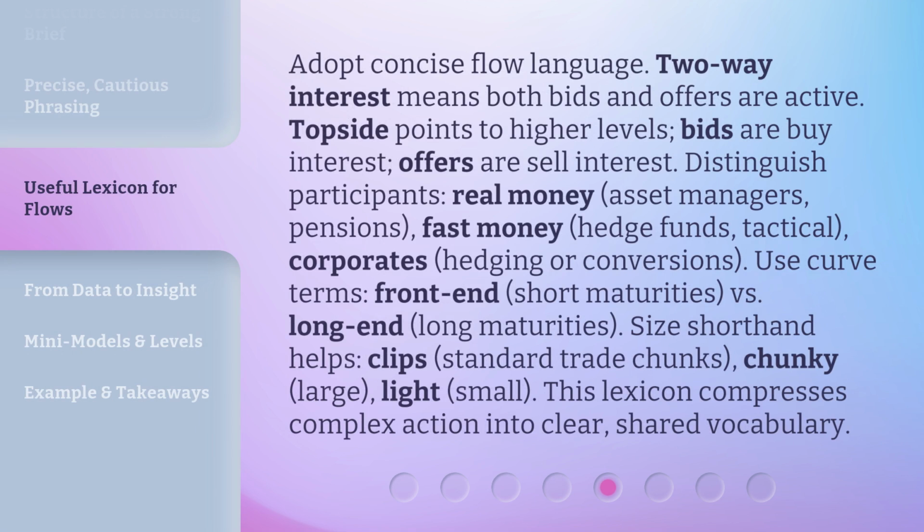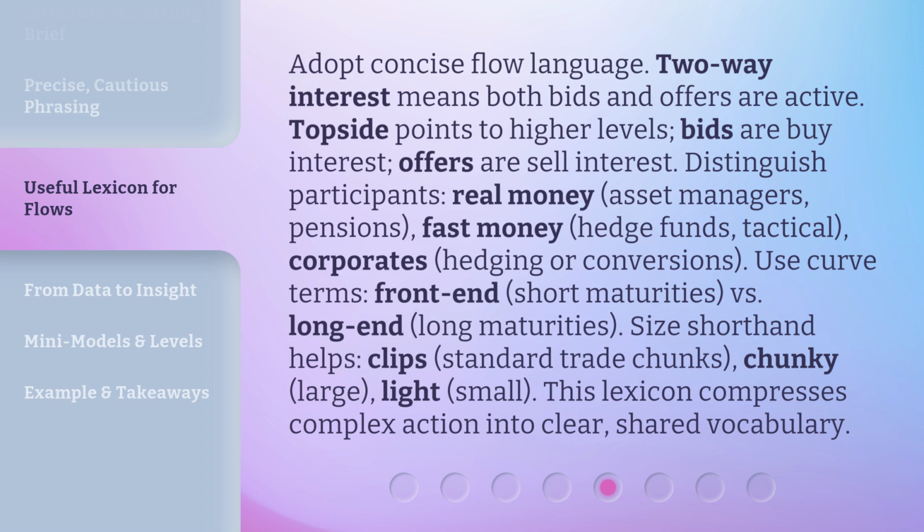Adopt concise flow language. Two-way interest means both bids and offers are active. Topside points to higher levels. Bids are buy interest. Offers are sell interest. Distinguish participants. Real money: asset managers, pensions. Fast money: hedge funds, tactical. Corporates: hedging or conversions.